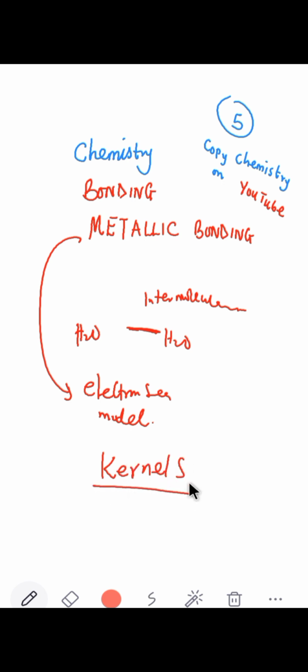These are the positive ions in your metals, and they are immersed in a sea of mobile electrons. So that's basically how your metallic bonding happens between metals.